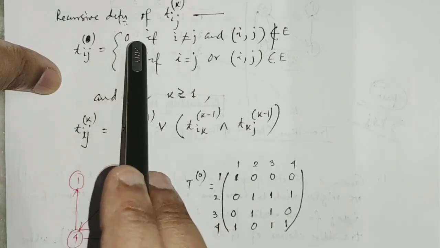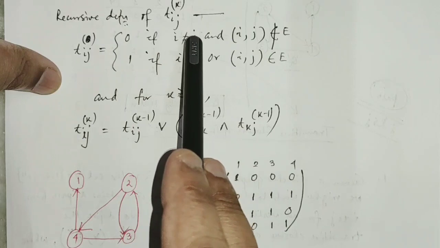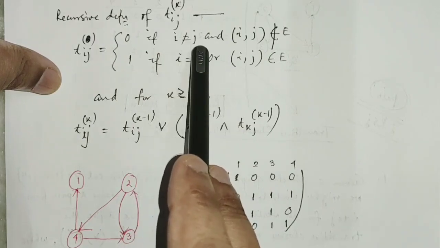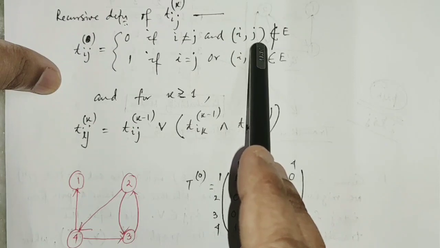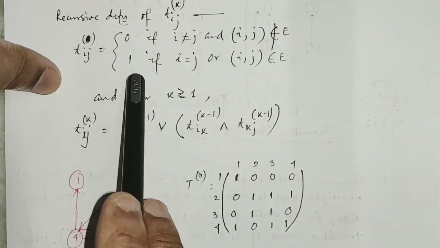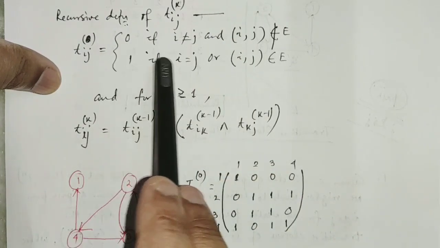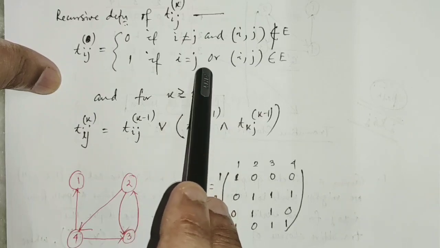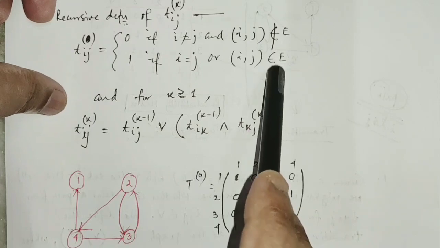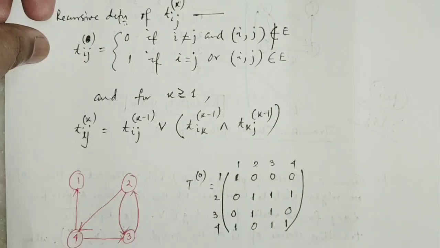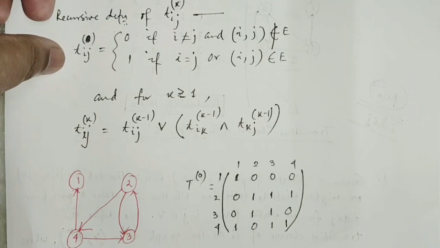The value is 0 if i not equal j and there is no edge from i to j, and the value is 1 if i equals j or there is an edge from i to j. I am talking about edges now, and later on I will talk about paths, and you will easily identify that you are dealing with paths.